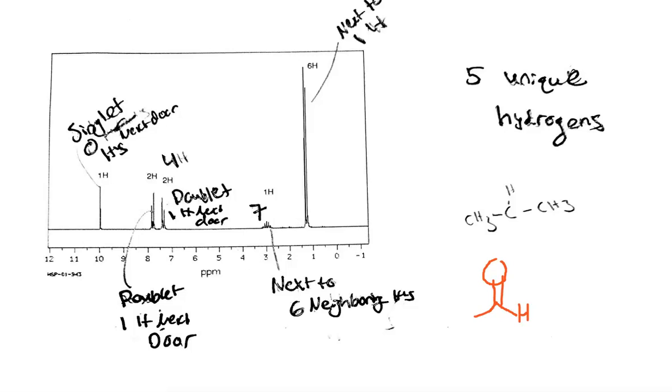You can see here we have 4 hydrogens in that 7 to 8 range. These are pretty clear benzene ring locations, and there's 4 hydrogens here. The benzene ring has 6 carbons, so that's telling me that there's 2 areas where there are additional groups attached.